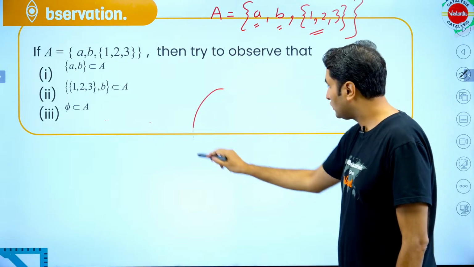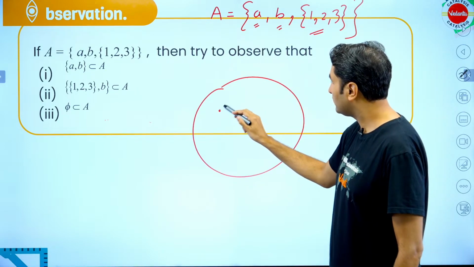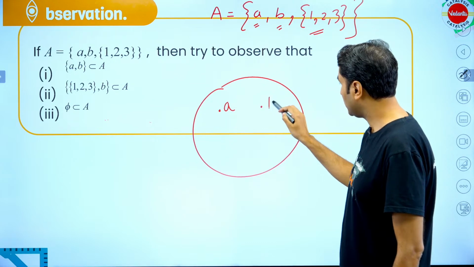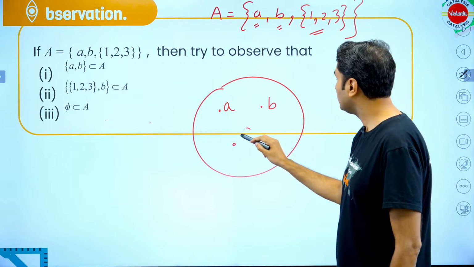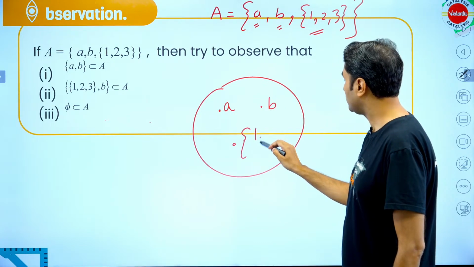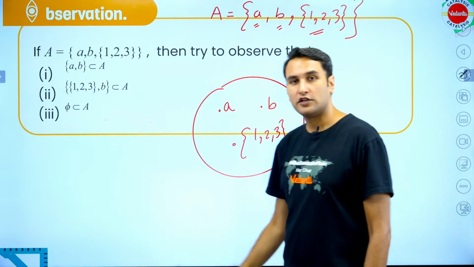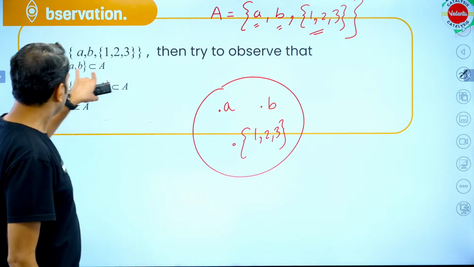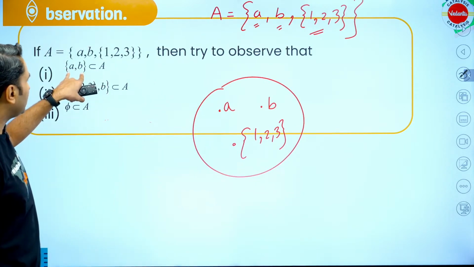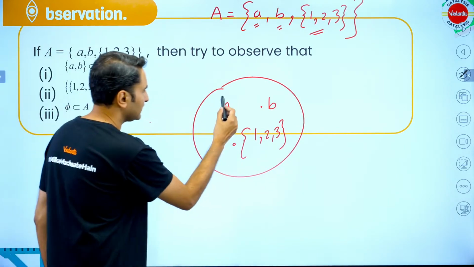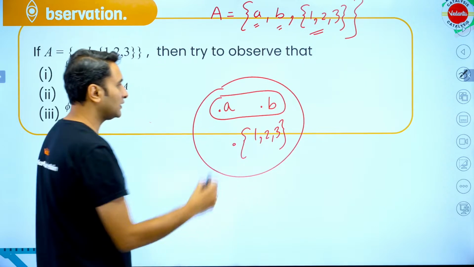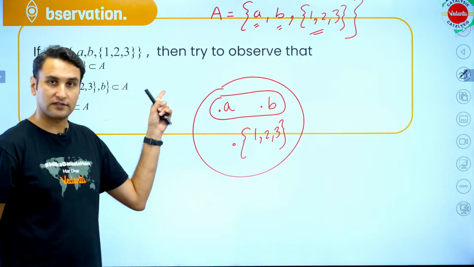So elements are, one element is a, one element is b, another element is the {1, 2, 3} box. These are 3 elements inside. So is the set containing elements a and b a subset of A? Yes. Is this set a subset of A? Yes, it is. Correct.